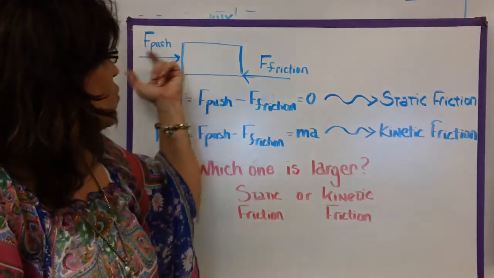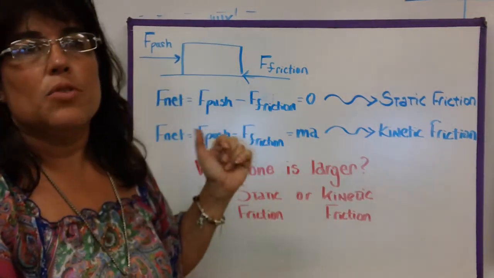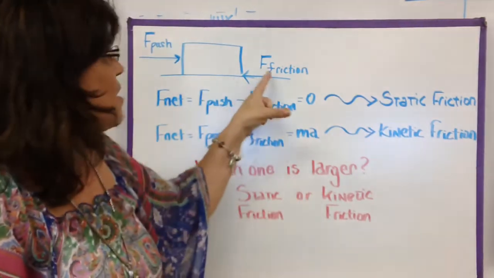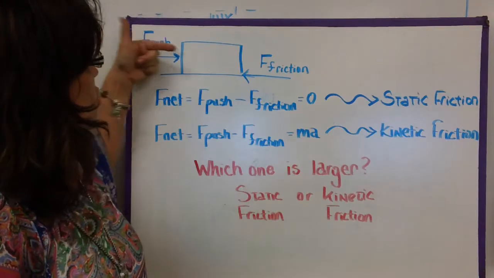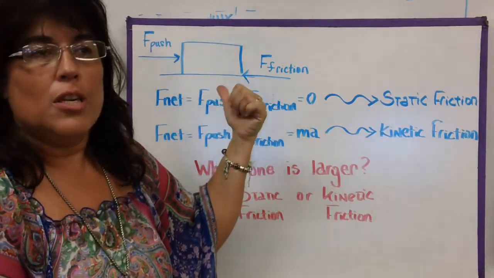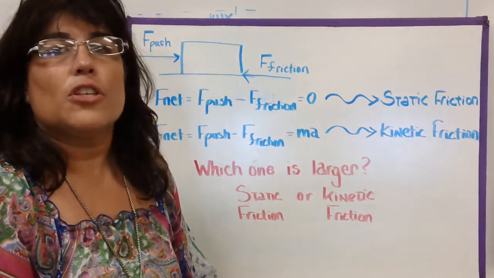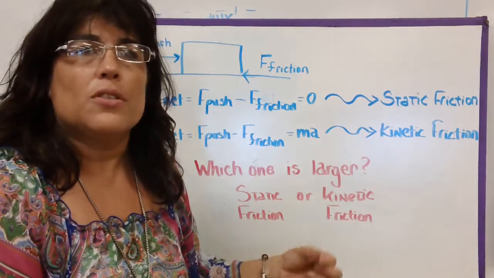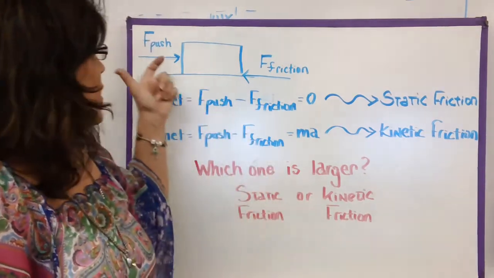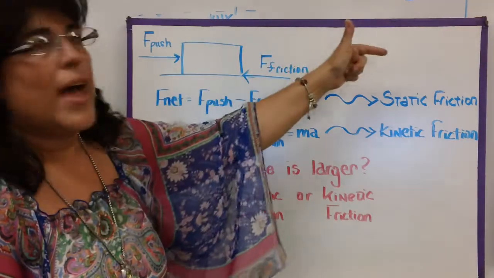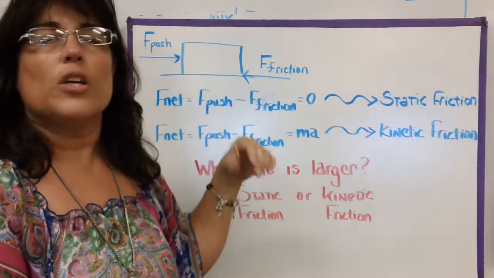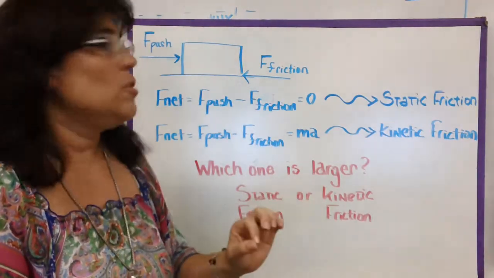So if I'm pushing over here and the box isn't moving, there has to be another force opposing that push, and that's our force of friction. So our push is going this way, and our friction is going to be going in the opposite direction. So the way that I look at it is the friction is going to go in the opposite direction that the box would move if it could move. So if I pushed here, the box would move that way, which means friction has to go that way. Even if it's not moving, it's which direction would it move if it could move.